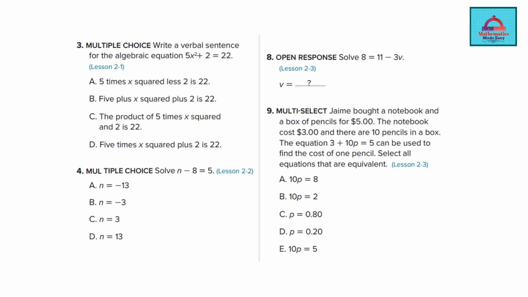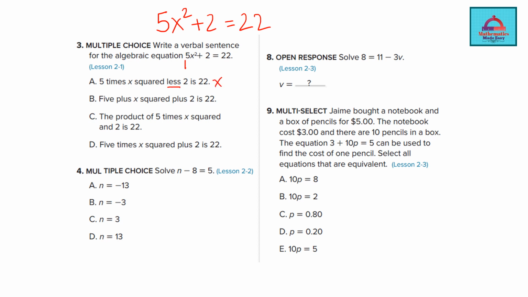Next we have the verbal sentence given to us, 5 multiplied with x square, let me write it big here, plus 2 is equal to 22. You have to convert this to the sentence. This is multiple choice. So 5 multiplied with x square plus 2 is equal to 22. So less will not be the case. We have to definitely add.